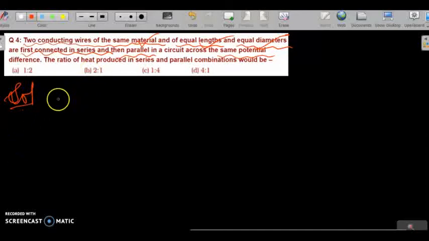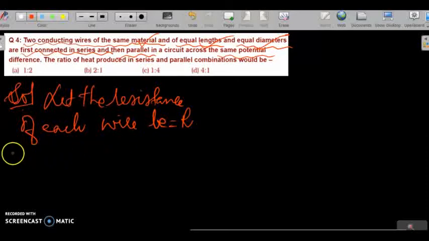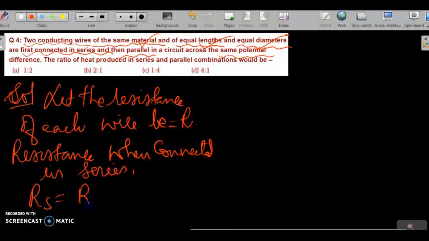So let the resistance of each wire be equal to R. The resistance when connected in series, Rs, will be equal to R plus R, that is 2R.